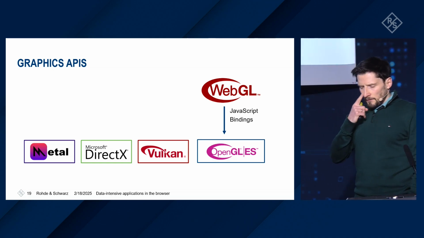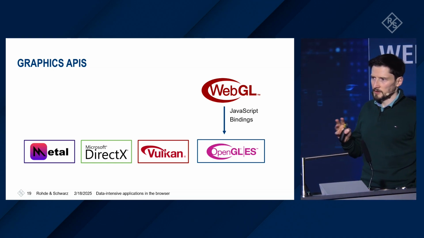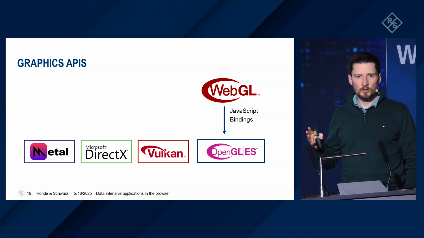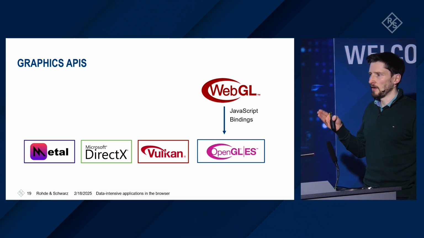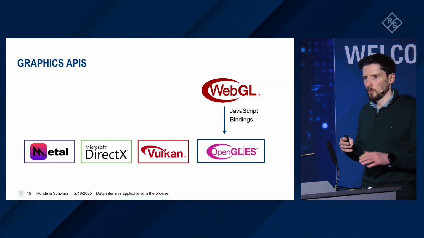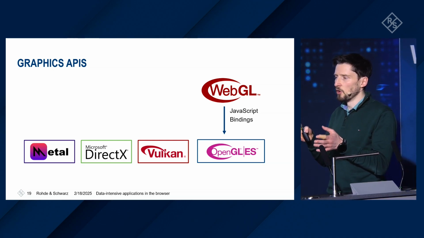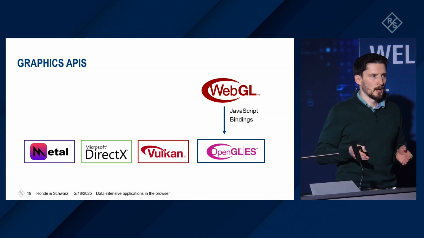And nowadays, since 2011, 2012, if you want to execute your render code on the GPU in the browser, the only way was via WebGL. WebGL is basically JavaScript bindings for OpenGL ES, where ES stands for embedded systems.